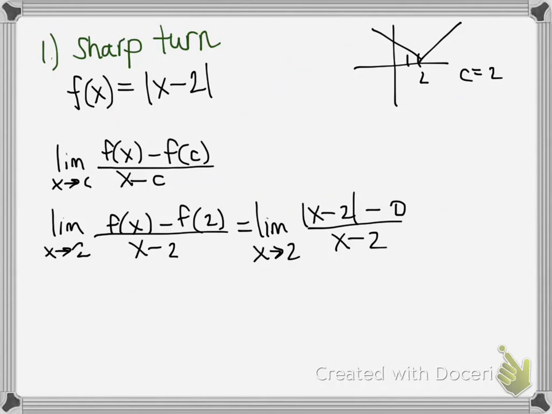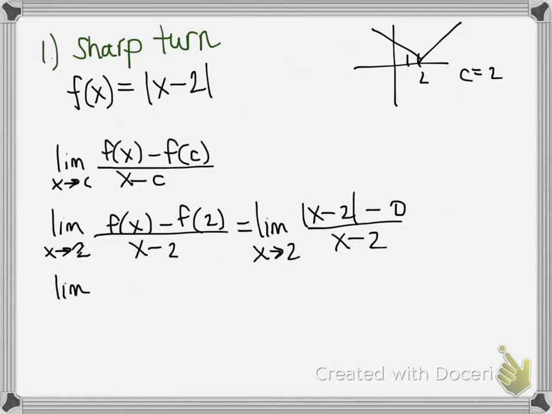And I need to do it both from the left and the right side, my left and right hand limits, because one of the requirements is that the left-handed limit and the right-handed limit must be equal.